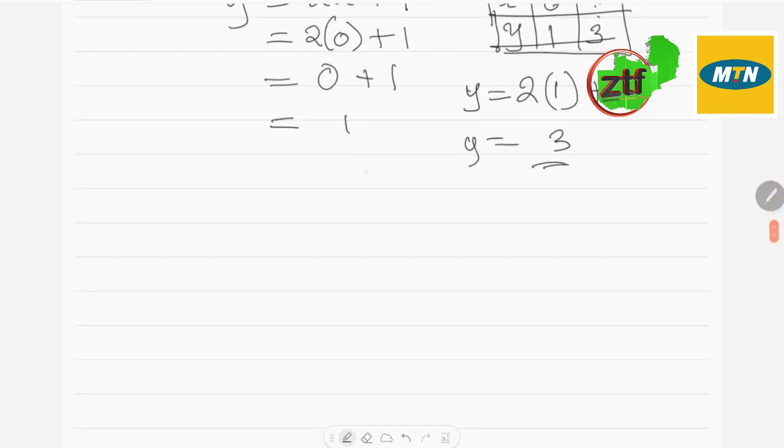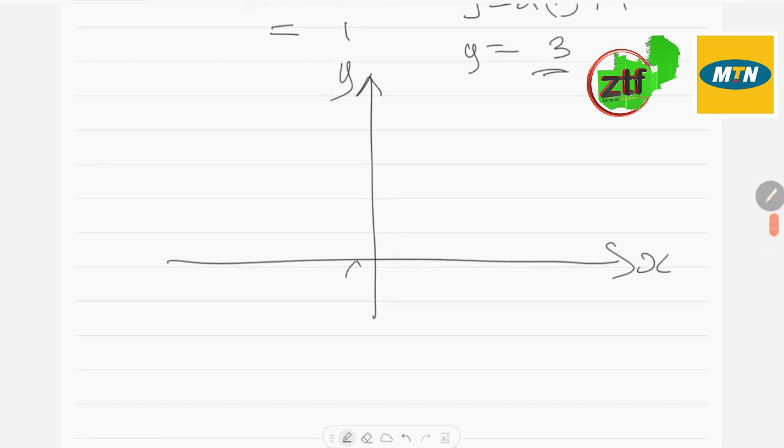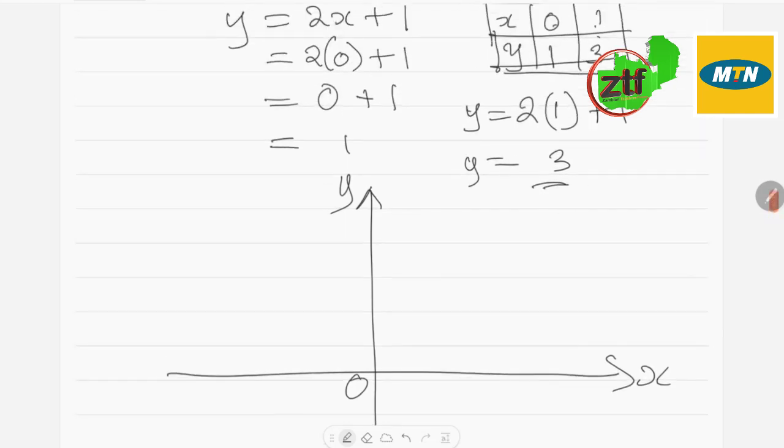You can plot that on your Cartesian plane. This is your y-axis, this is your x-axis, and this is your origin. We want to plot the points (0, 1) and another point (1, 3).